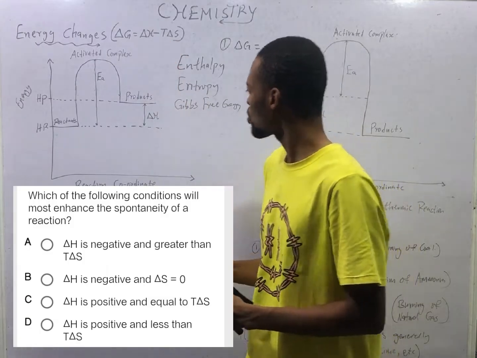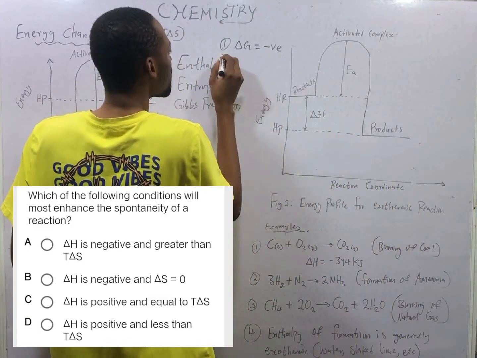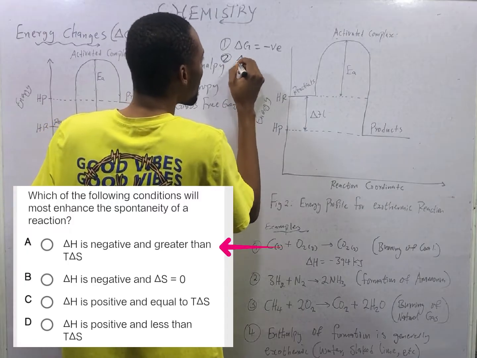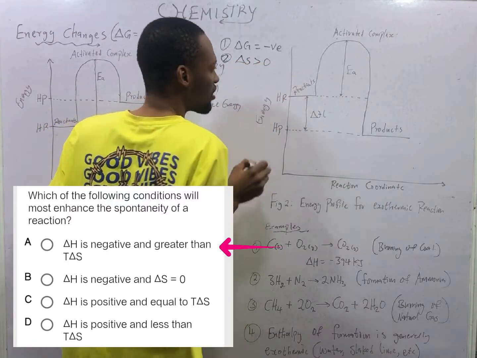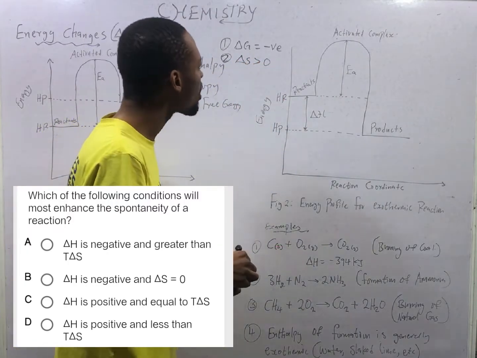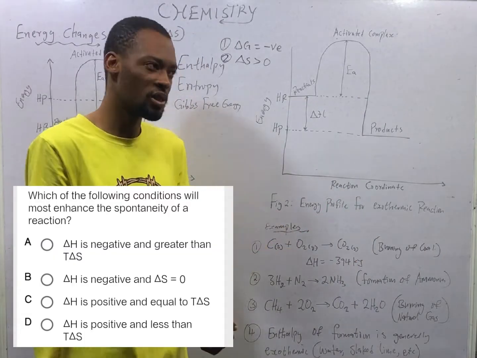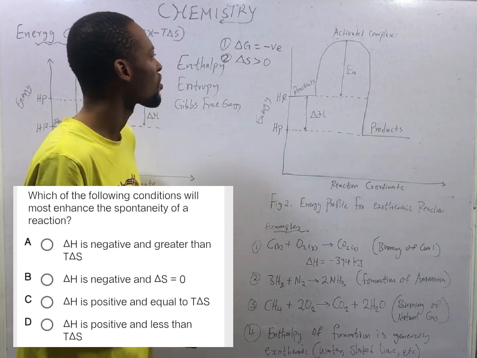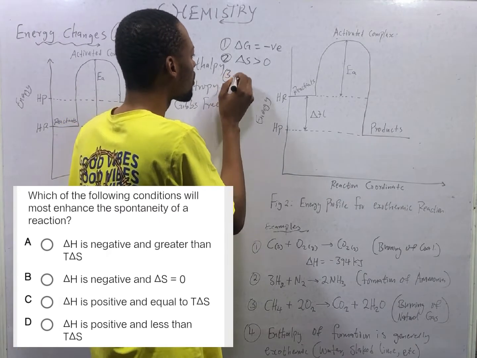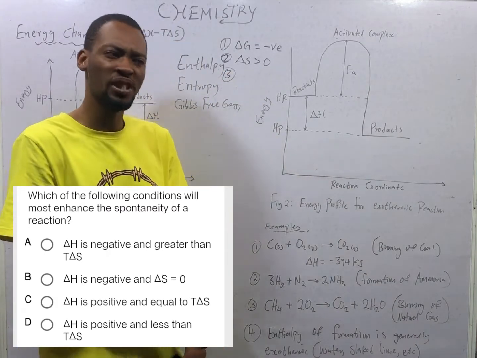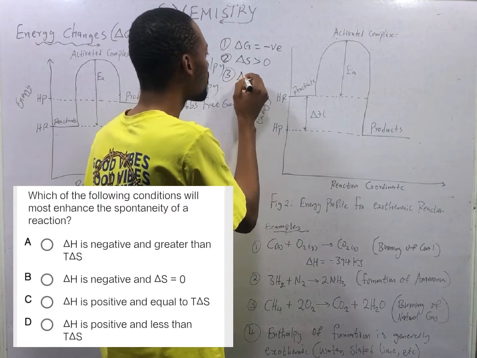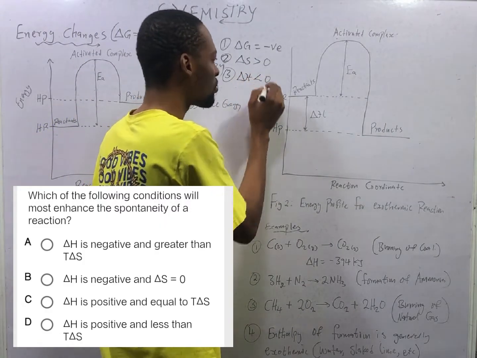2, for a reaction to be spontaneous, delta S must be greater than 0, which means the entropy change must be positive. There should be a high level of disorderliness. 3, for a reaction to be spontaneous, delta H must be lesser than 0.